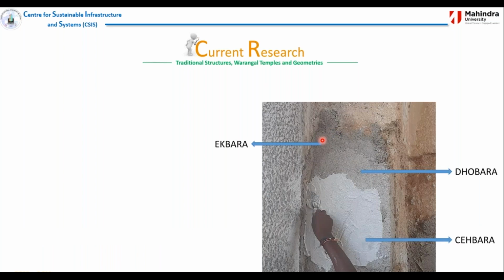So anyway, we call this Egbhara, and we have something called Dubhara and Sebara. I'll just explain the concept. Egbhara is the first coat. We actually have coarse metal and coarse sand with the lime, and jaggery and gallnut are mixed with that, and we can go up to 1.5 centimeter in one coat.